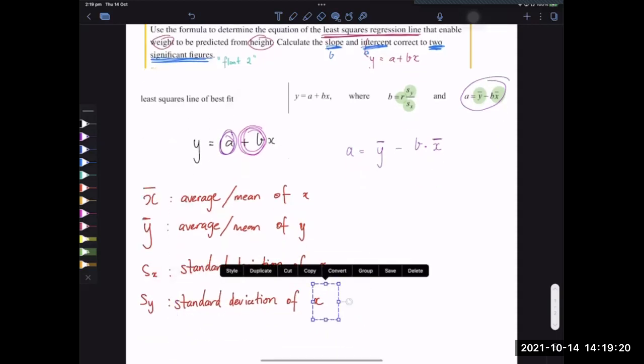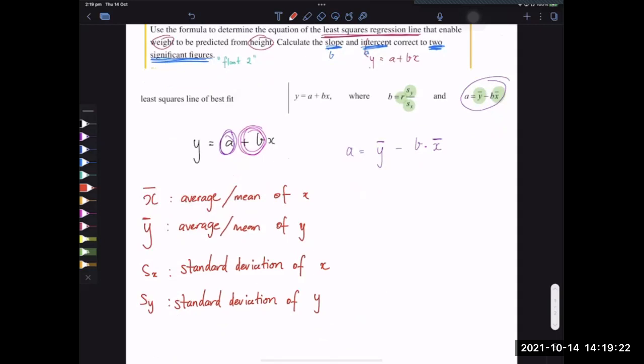Standard deviation of y. I've got one more variable, r. And we've been covering that. That's our correlation coefficient.